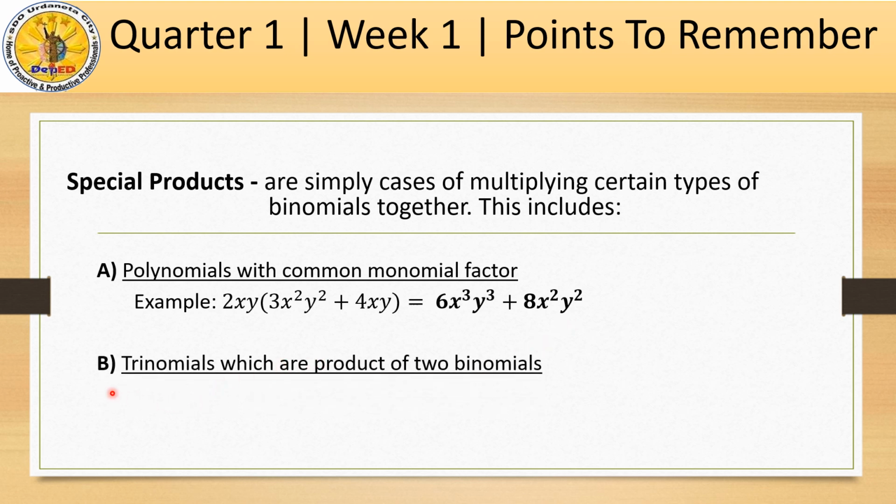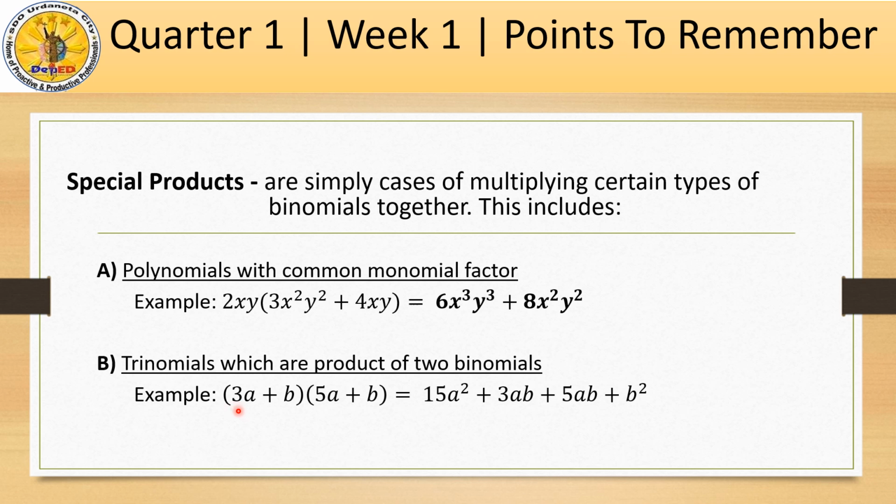Letter B. Trinomials which are product of two binomials. Example. The quantity 3a plus b multiplied by the quantity 5a plus b is equal to, okay, we are going to apply our knowledge of the FOIL method.